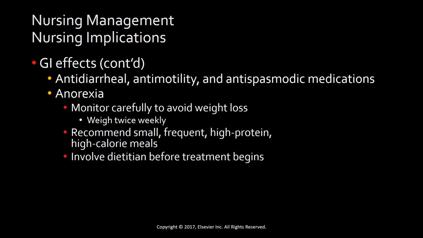Anorexia may be related to an inflamed mouth or esophagus, which creates difficulty chewing or swallowing, or to emotions such as anxiety or depression. Okay, it is always important to have a dietitian involved in the patient plan of care before cancer treatment begins.